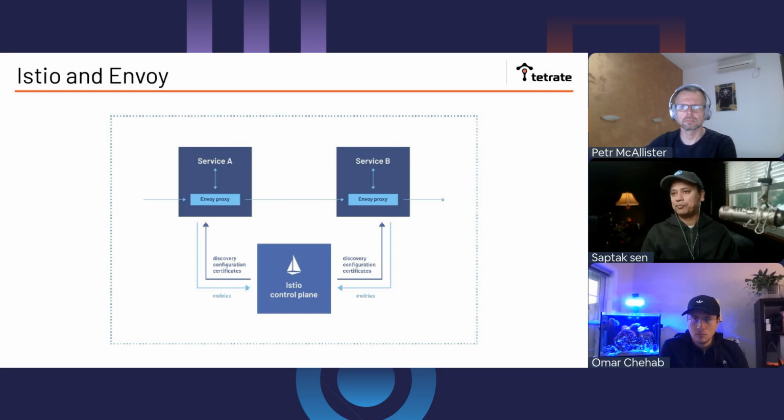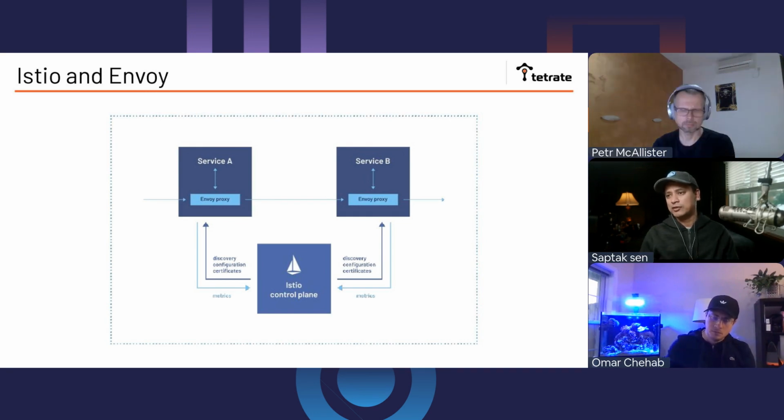So now to move to the next section, we worked with AWS very closely to make sure that Istio becomes as simple as possible to deploy and configure for Amazon EKS. So that's what Omar is going to dive into.